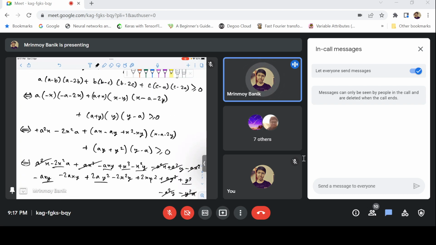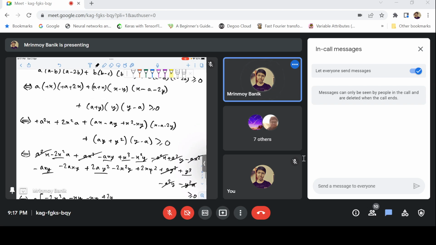Next we multiply, so we get plus a squared and plus 2x squared, right? Here we get ax minus ay plus x squared minus xy. Okay.